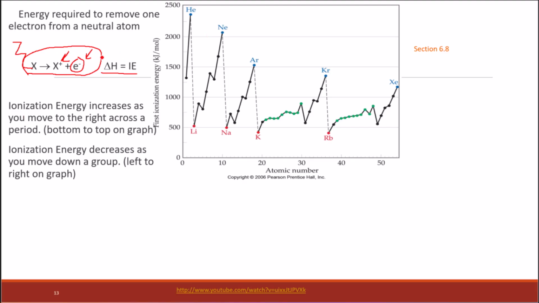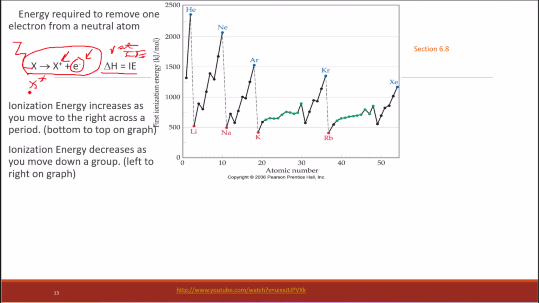We would call this the first ionization energy. And the reason we call it the first ionization energy is because you're removing an electron from an atom. If we wanted the second ionization energy, we would start with an ion.